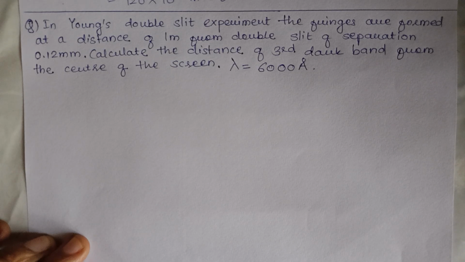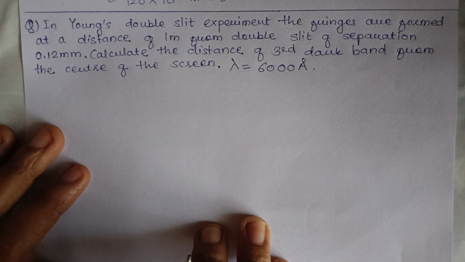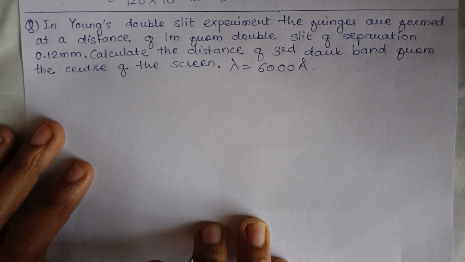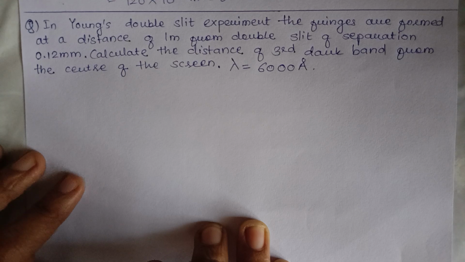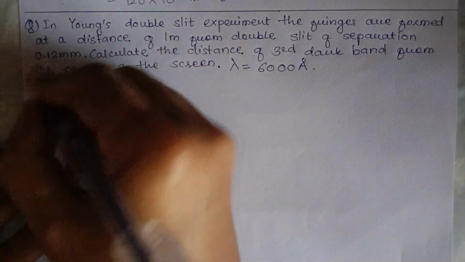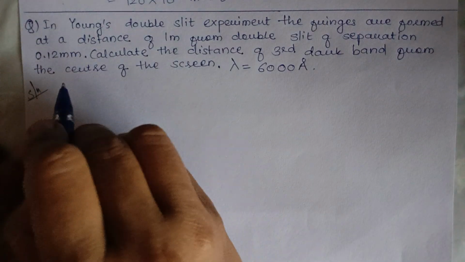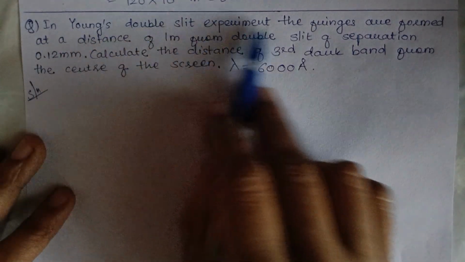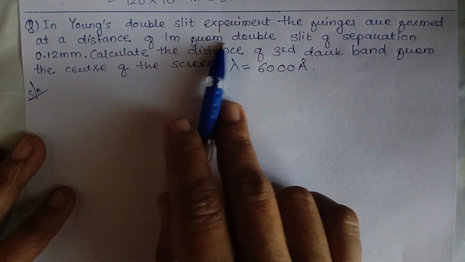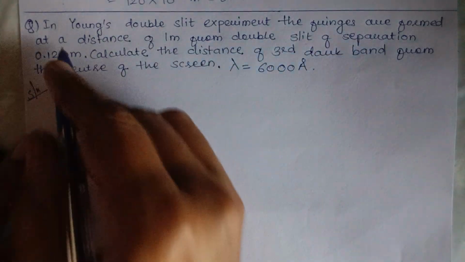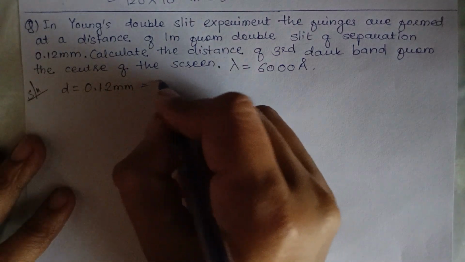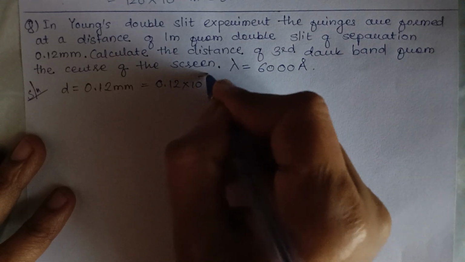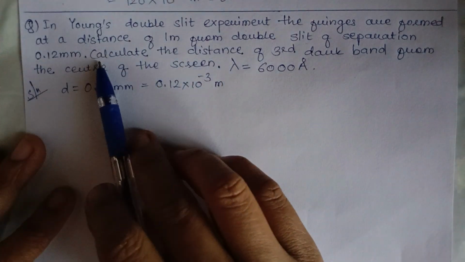Next question. In Young's double slit experiment, the fringes are formed at a distance of 1 meter from double slit of separation 0.12 mm. Calculate the distance of third dark band from the center of the screen. Okay, lambda is given. So we'll write what is given. Slit separation d is 0.12 mm. We have to multiply by 10 raised to minus 3 to make it meter.